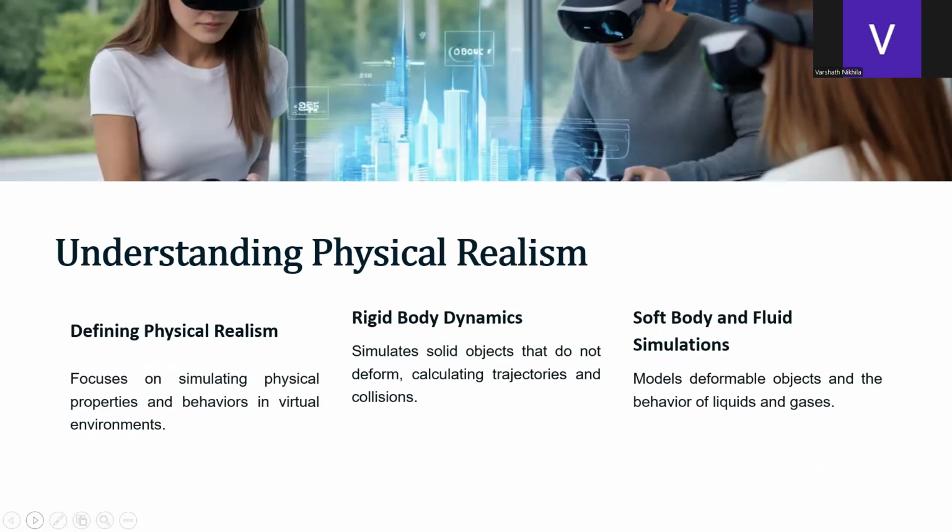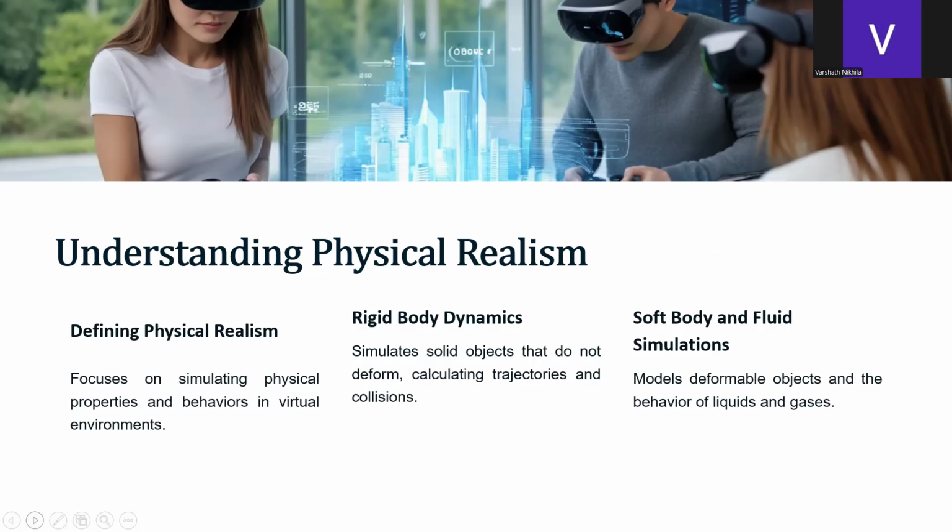Then, physical realism. While photorealism deals with appearance, physical realism focuses on how objects move, collide, deform, or flow. There are two major branches: rigid body dynamics and soft body and fluid simulation. Rigid body dynamics simulates hard, non deformable objects like rocks, walls, or vehicles.